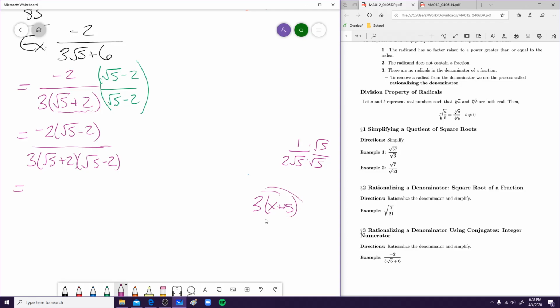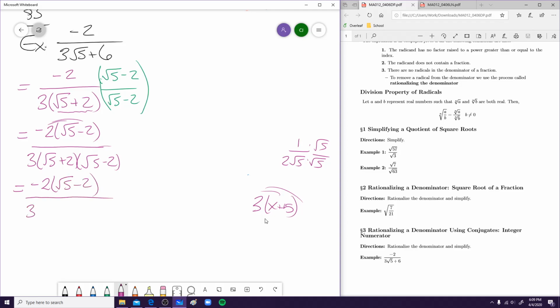So same thing with this, we're still going to distribute, so this becomes negative 2 square root of 5. Actually, I'm sorry. Let's take a step back. Before I distribute anything over here, how about we just focus on the bottom first?